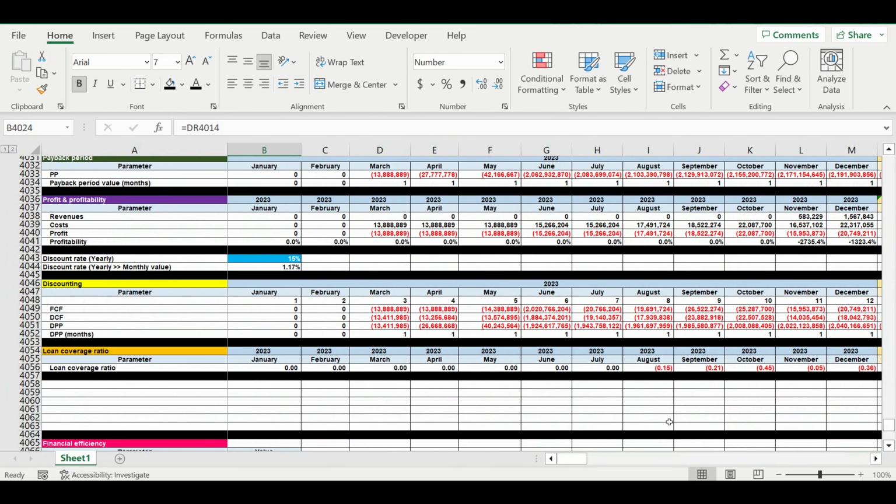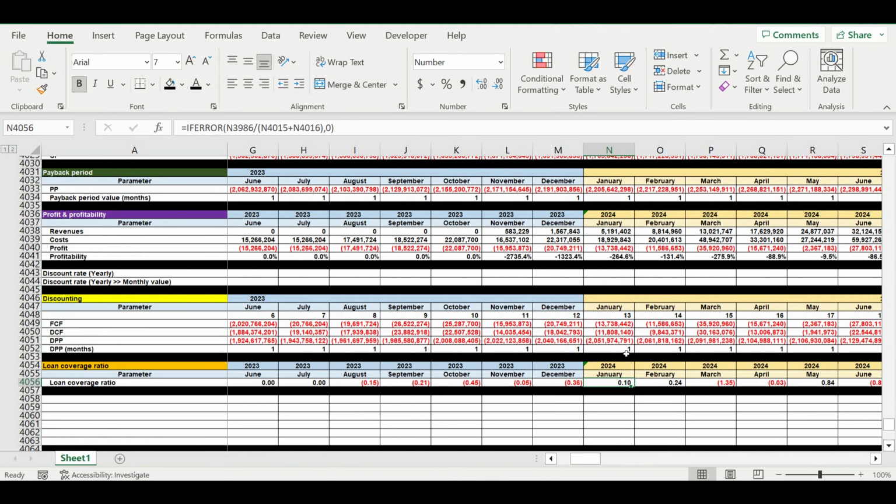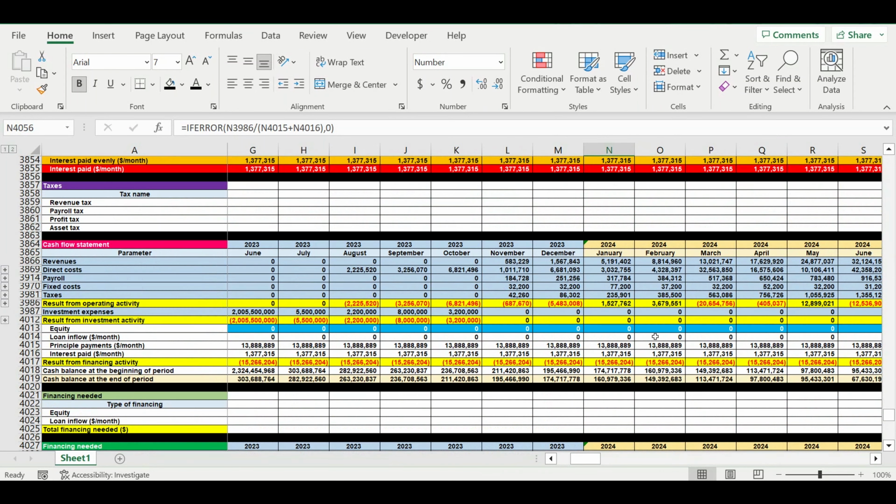So for example here, 0.1 means that all we earn we take to the bank, and plus we need some additional money from our pocket to close the bank debt.